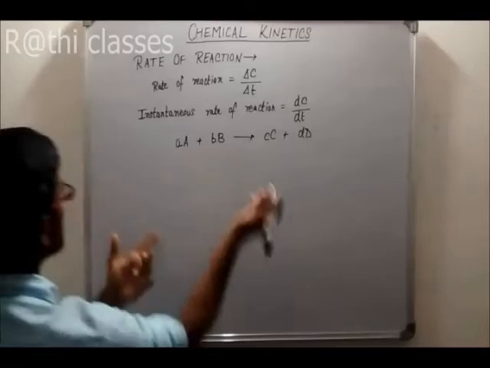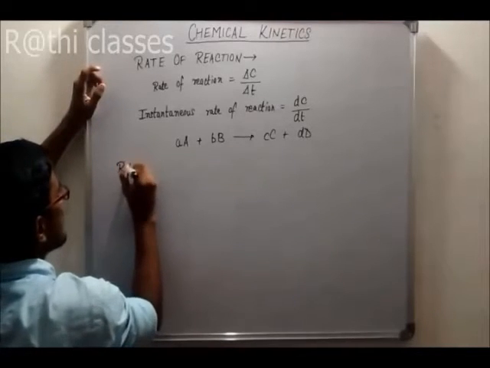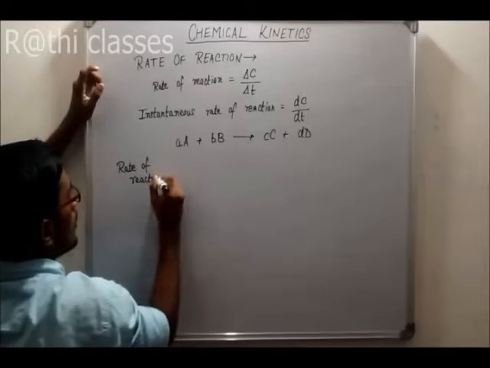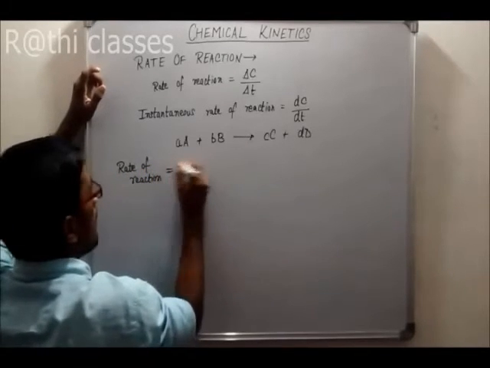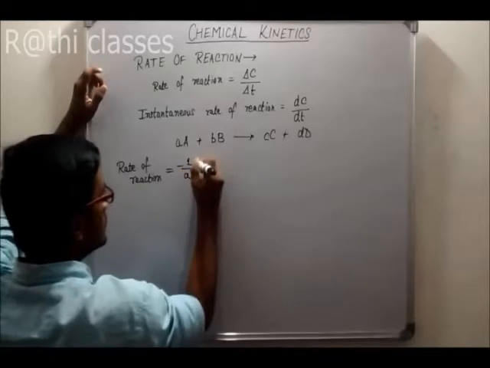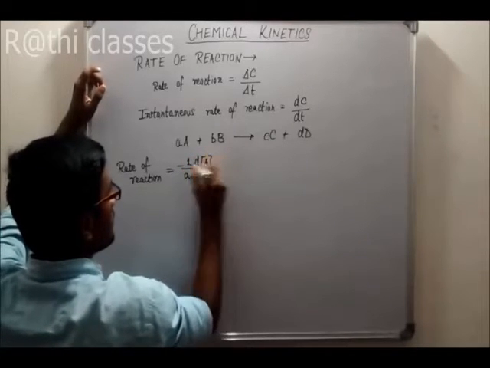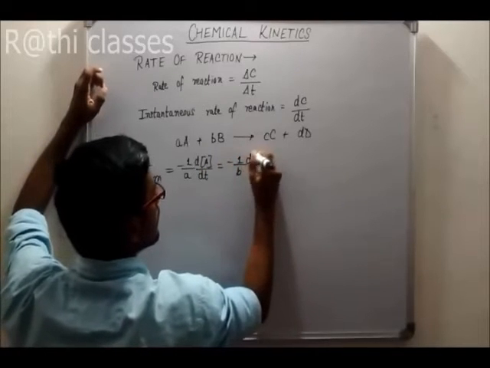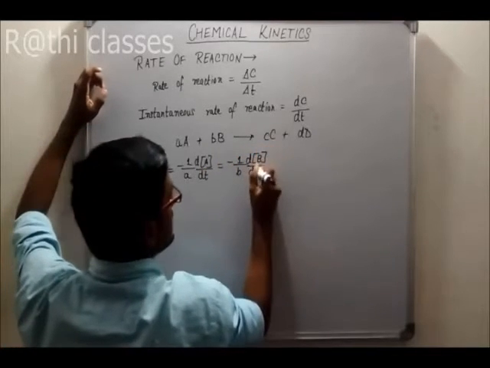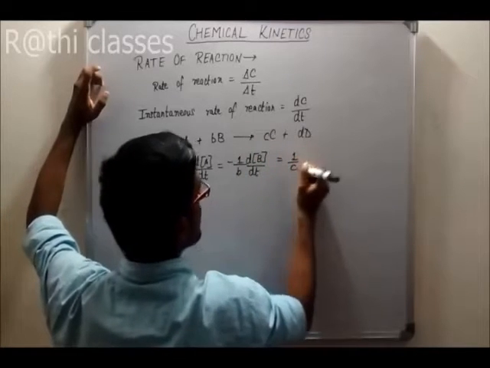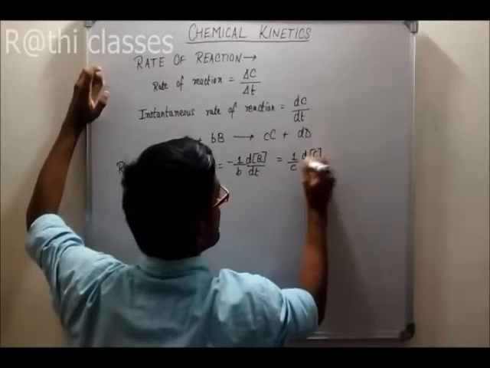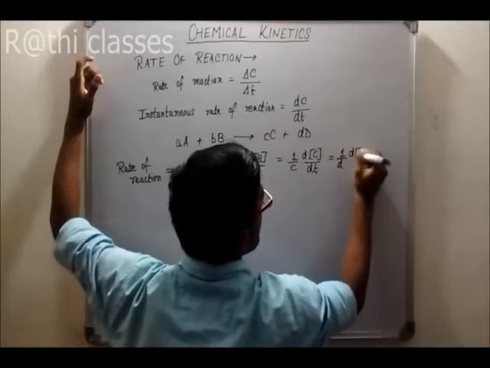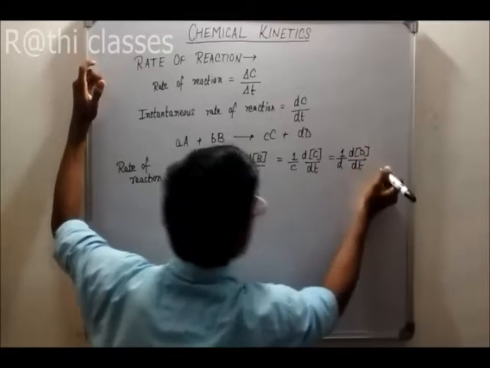In this case, the rate of reaction is defined as minus 1 upon a dA by dt is equal to minus 1 upon b dB by dt is equal to 1 upon c dC by dt is equal to 1 upon d dD by dt.